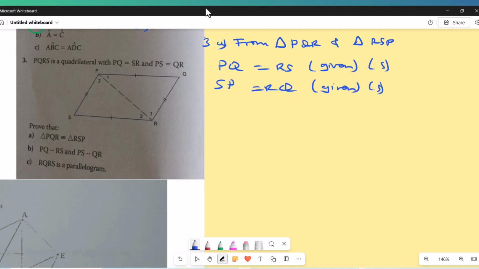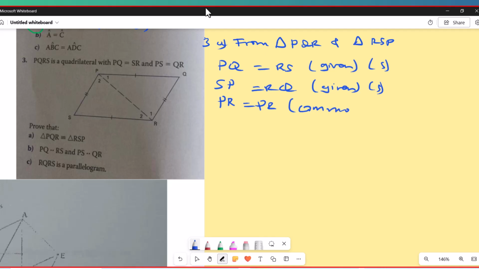What else do we see here? Who can tell us now? Come on, somebody. PR is equals to PR. It's a shared side. That's common. So PR equals to PR, reason being it is common.